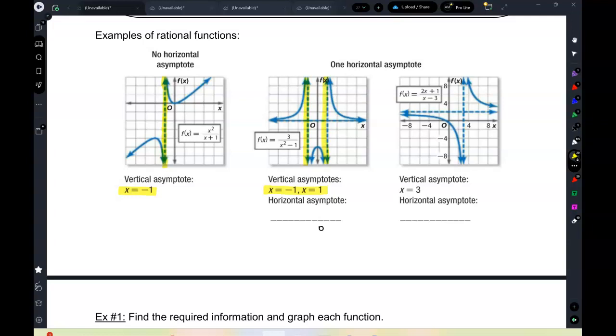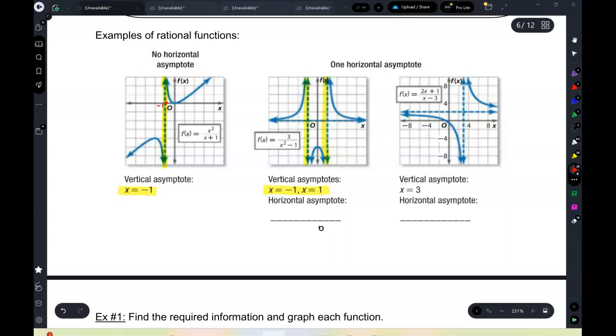Do you see how this crosses x equals -1? This crosses x equals +1? Those are the vertical asymptotes, right? So for the first one, this point is x equals -1. It crosses through x equals -1. It's a vertical asymptote.